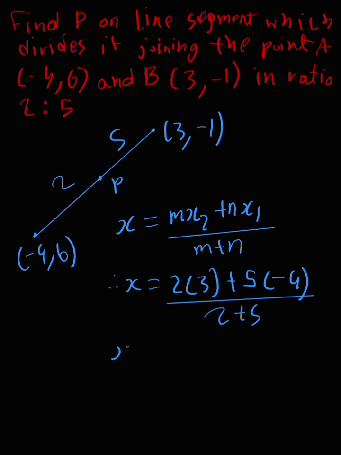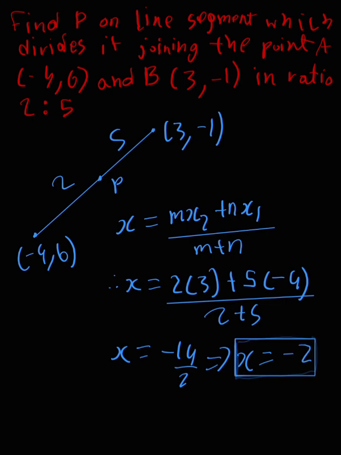So from here I can say that x is equal to 6 minus 20 by 7, or this is just minus 14 by 7. From here x is equal to minus 2.